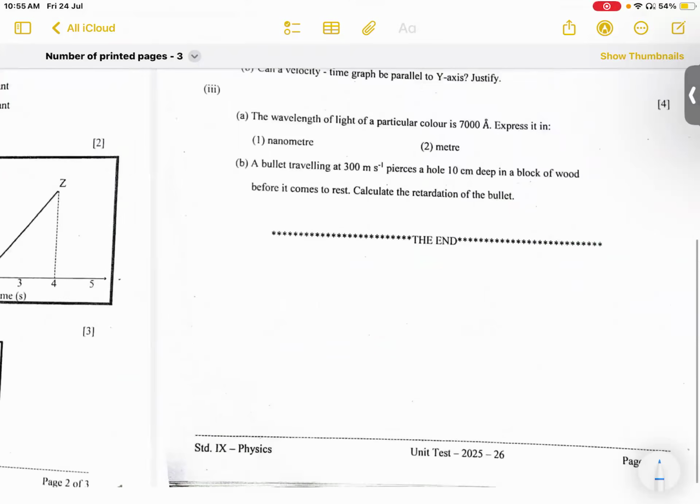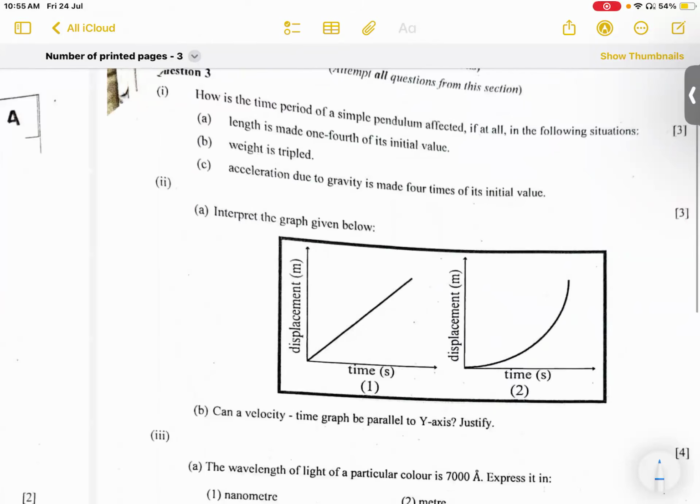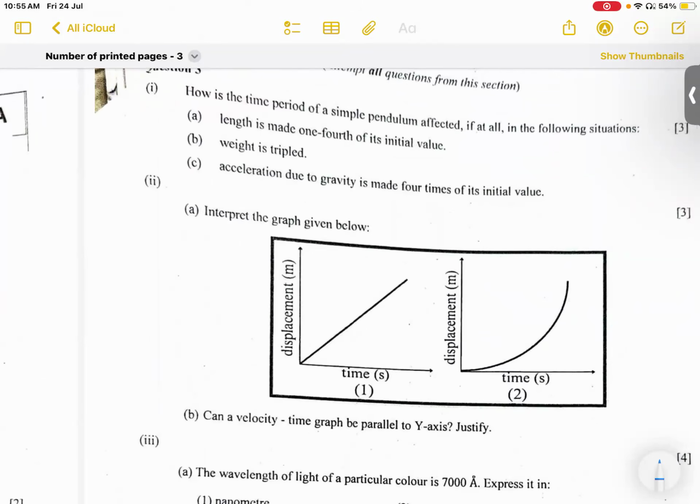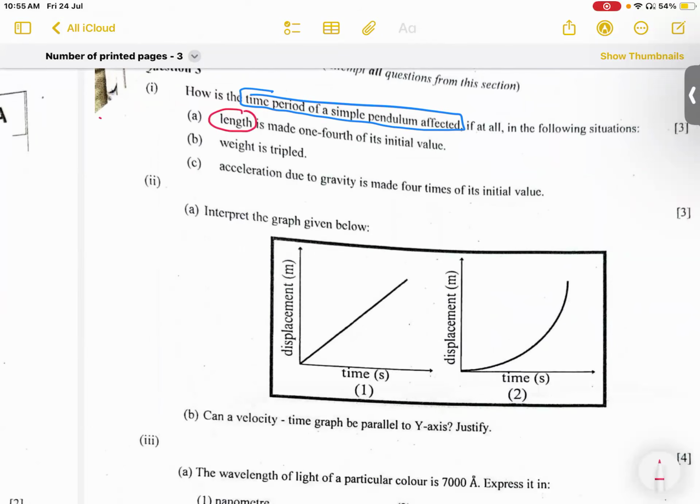Let us take the next question, guys. The next question is section B. Here the question is how the time period of a simple pendulum is affected if the following situation occurs. So I will try to write a relation between time period and length, guys. I have a relation which says that T is directly proportional to root of L. A question says that the length is made 1 upon 4 times. तो मतलब length को ये लोग ने 1 upon 4 times change किया.